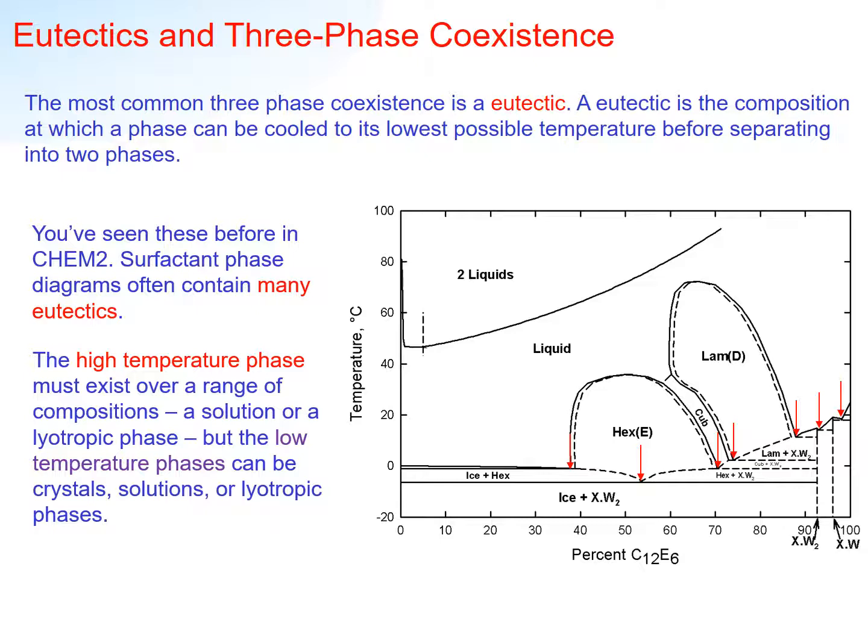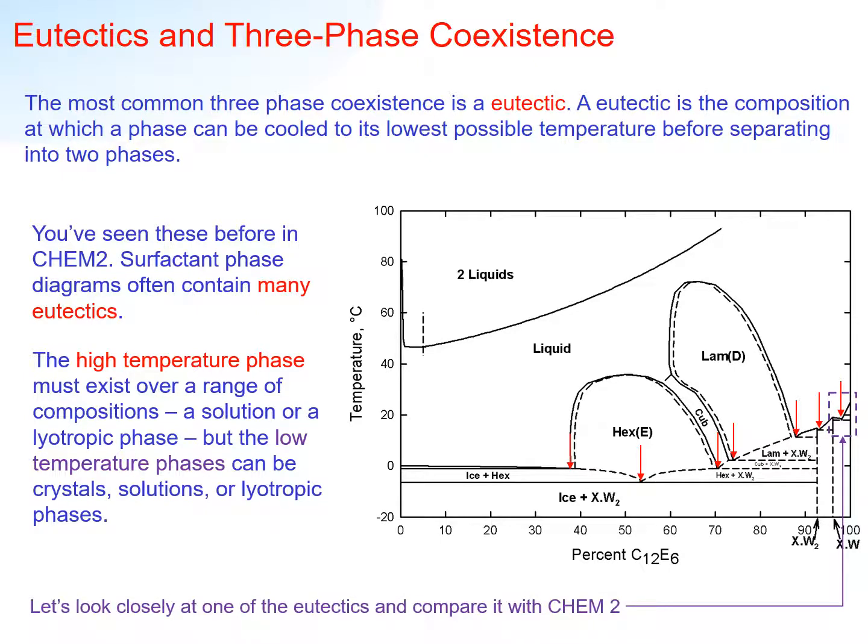So let's take a look first at one of the eutectics over here, which forms between the monohydrate and the pure crystal, and compare that with stuff that I think you've seen before in chemistry too.